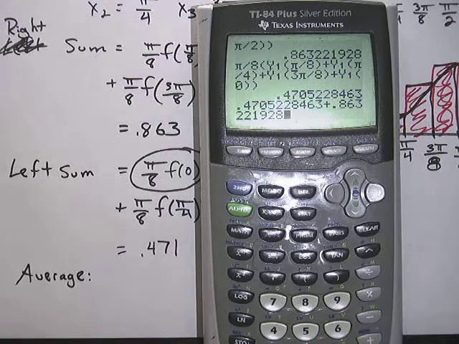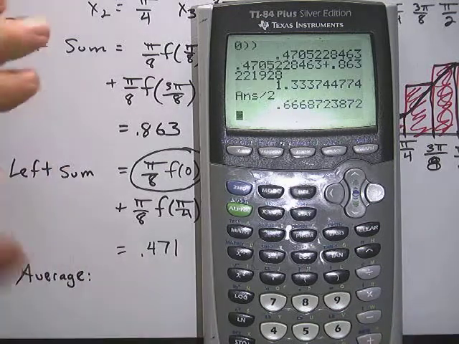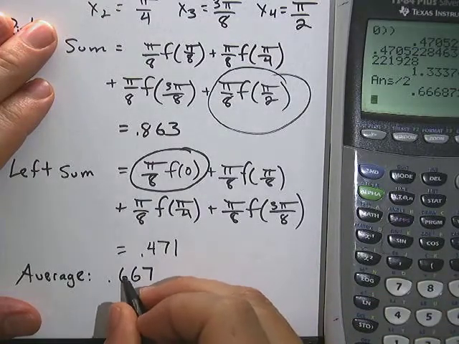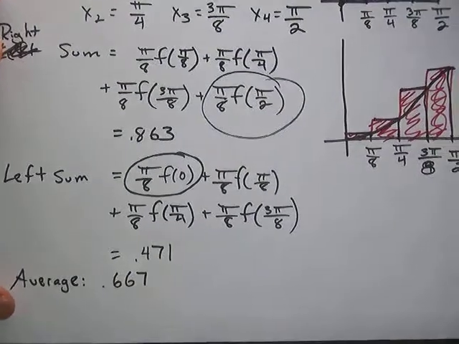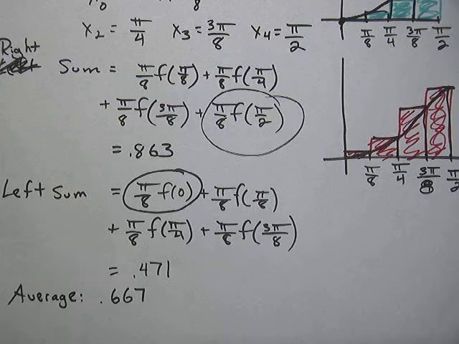I use all the decimals that I can because I want to get as accurate an answer as possible. And then enter, divide by 2 because we're averaging them. So your average is 0.667. Okay, so that is the best answer out of those two. Well, better than either one of those two.